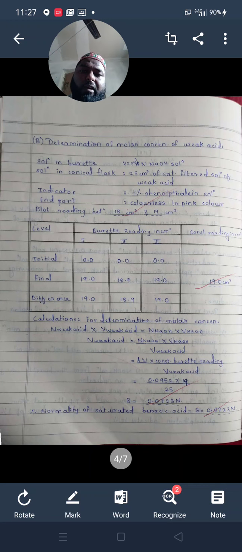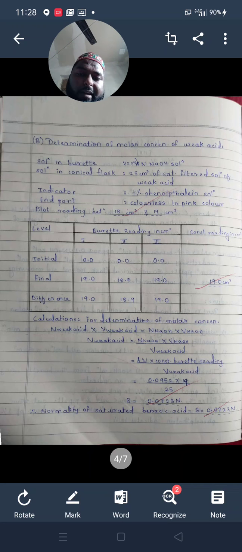Again we have to note the solution in the burette, solution in the conical flask, indicator, and end point, with the same readings: initial, final, and difference, burette readings 1, 2, 3 in cm cube, and CBR or MBR. Then we have to calculate the concentration of this benzoic acid. You know the formula, N1V1 is equal to N2V2.